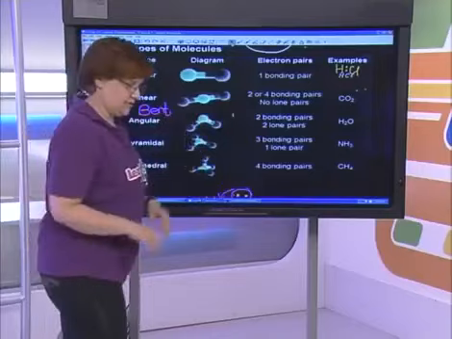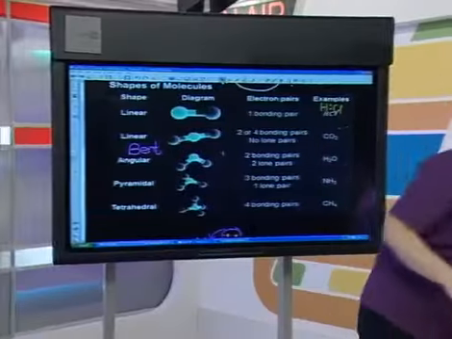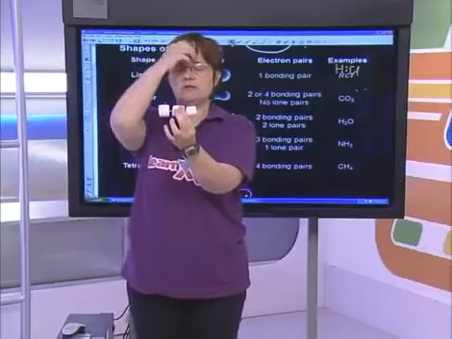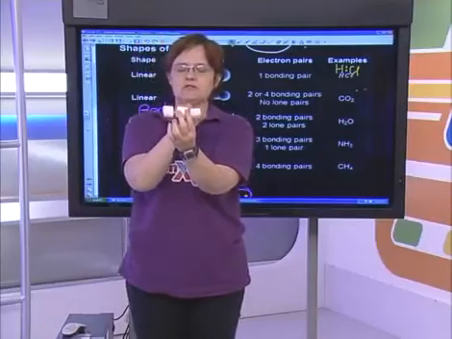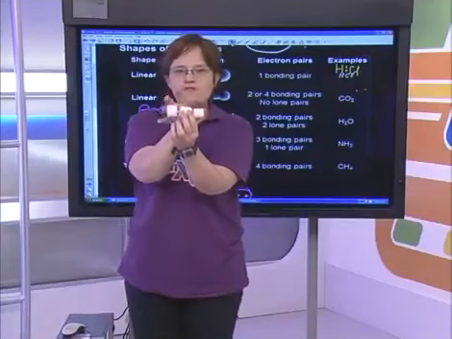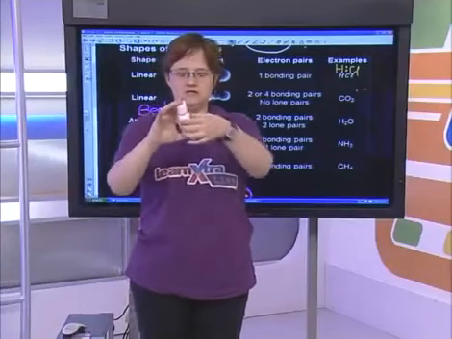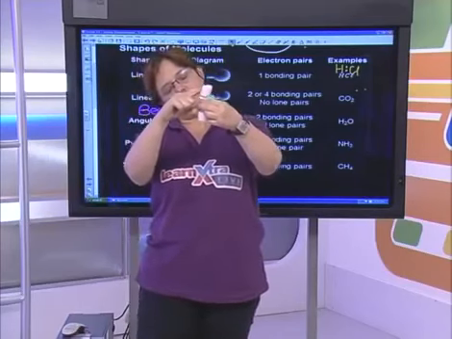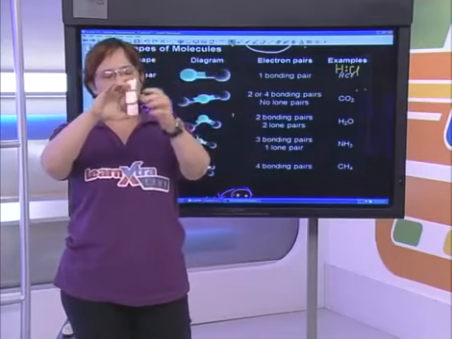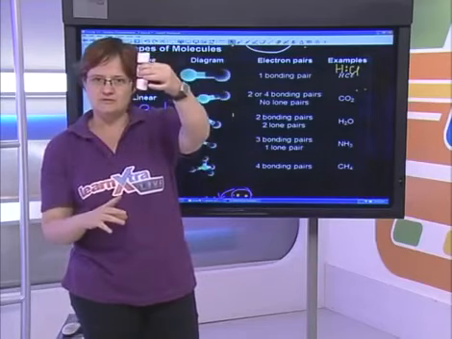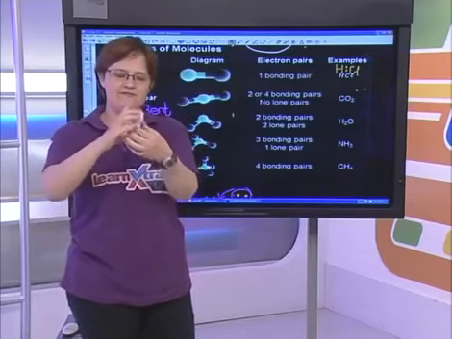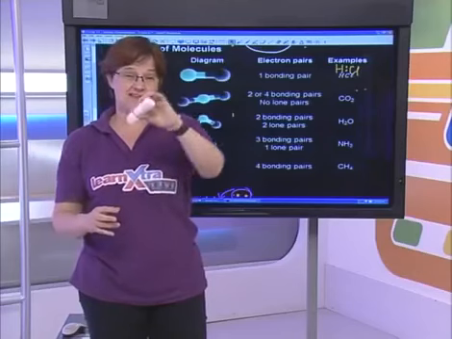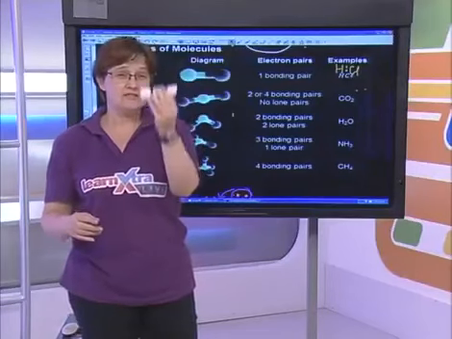For linear, if we look back at my marshmallows, carbon and oxygen, I think the oxygen is slightly negative. You can't find a positive and negative side, because if those two atoms are the same, say they're negative, the middle one's positive. So I can't actually find a positive and negative side. It's a very symmetrical molecule. This is non-polar.